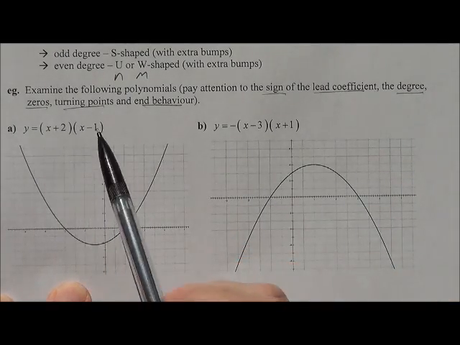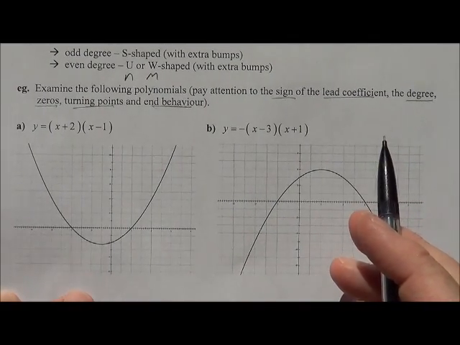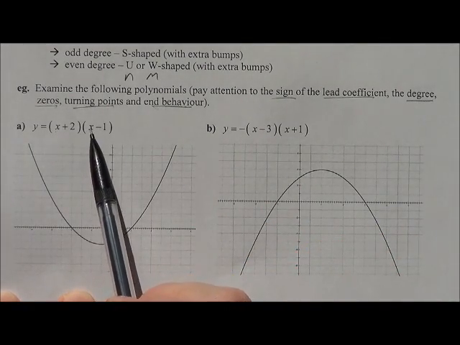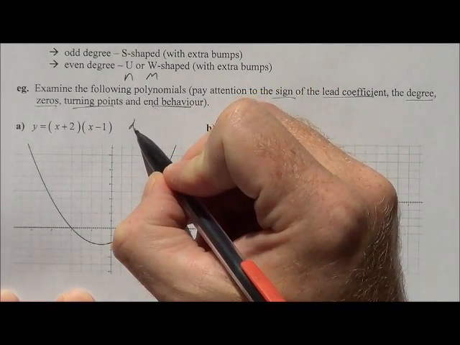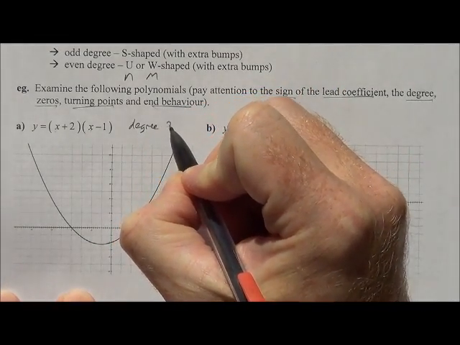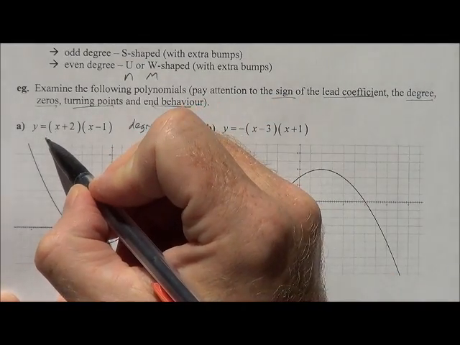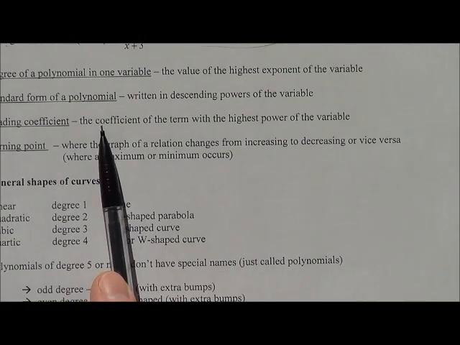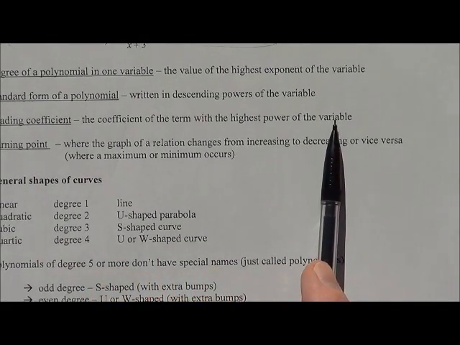We notice here the shape is obviously a parabola, so it's a quadratic, and if we're multiplying two x's together, we're going to have an x squared. So the degree is 2. The lead coefficient is the coefficient of the term with the highest power of the variable.